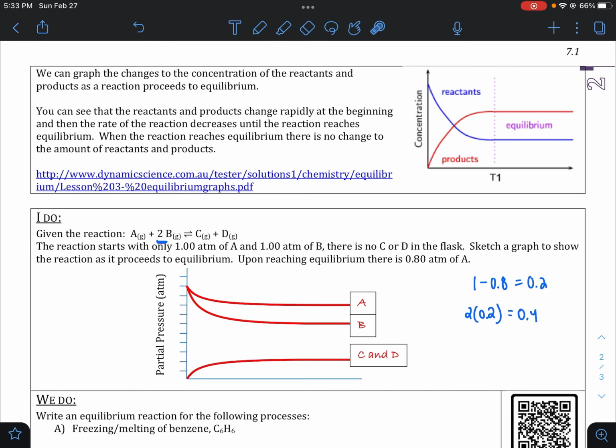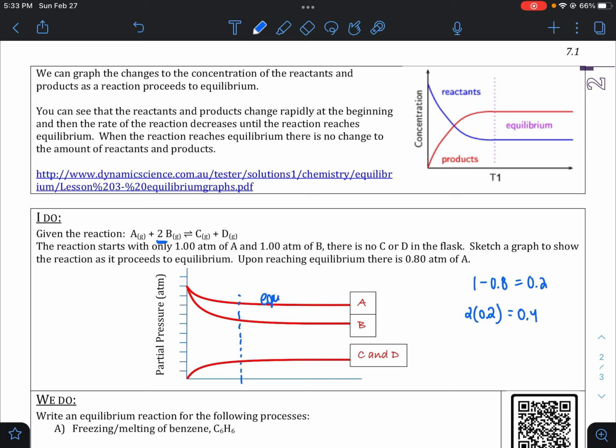On the flip side, C and D, since they both have a coefficient of 1, are going to gain the same amount, that 0.2. At the point where they have flattened out, roughly about there, notice it's flat, flat, flat.